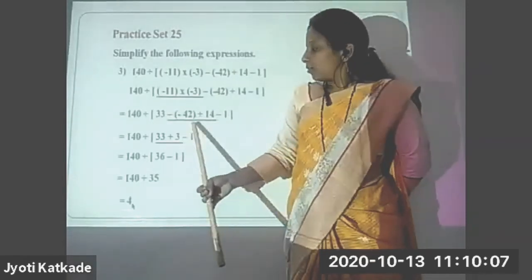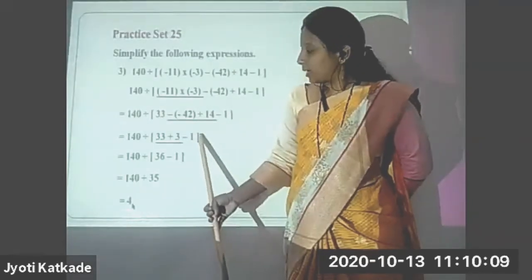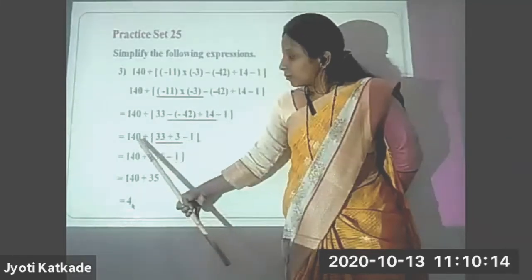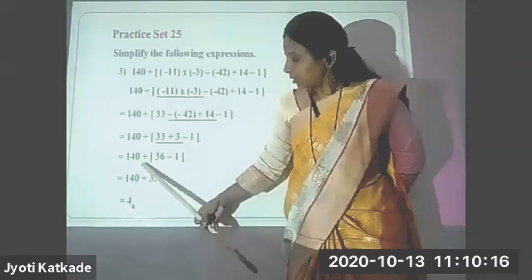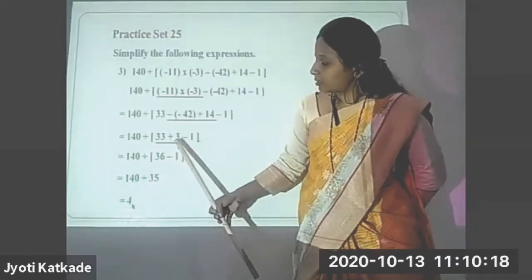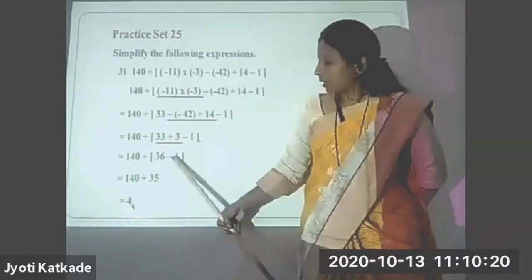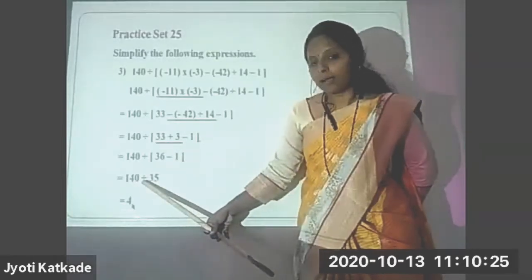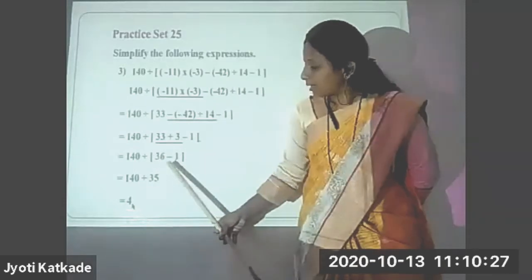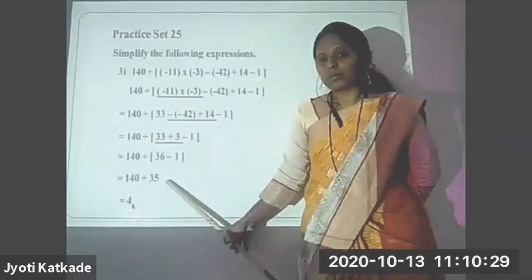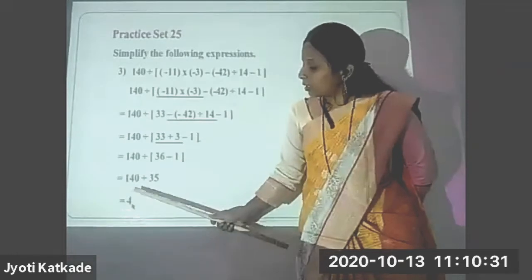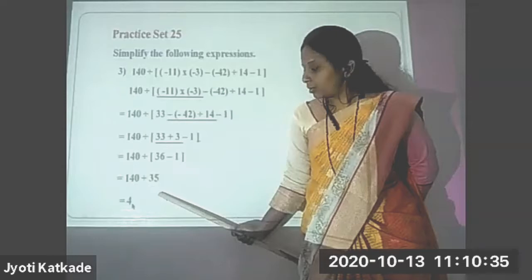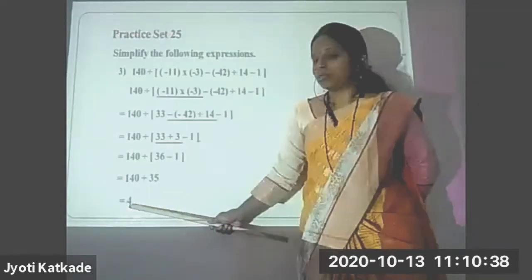Now when there is a bracket, solve the bracket first. So put 140 divided by as it is. 33 plus 3 is 36 and minus 1 as it is. Again put 140 divided by as it is. 36 minus 1 we get 35. And when we divide 140 by 35, we get 4.